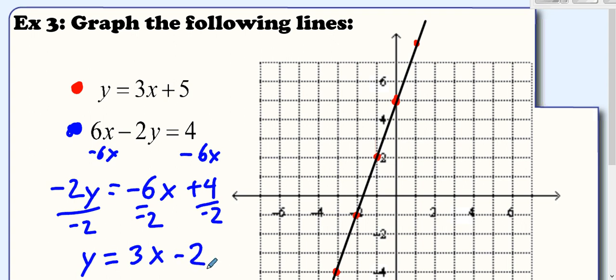We can graph the same way. We're going to start with the y-intercept of -2. So we're going to put our first point on the y-axis at -2. And then the slope is 3, which means it goes up 3 over 1. Up 3 over 1.